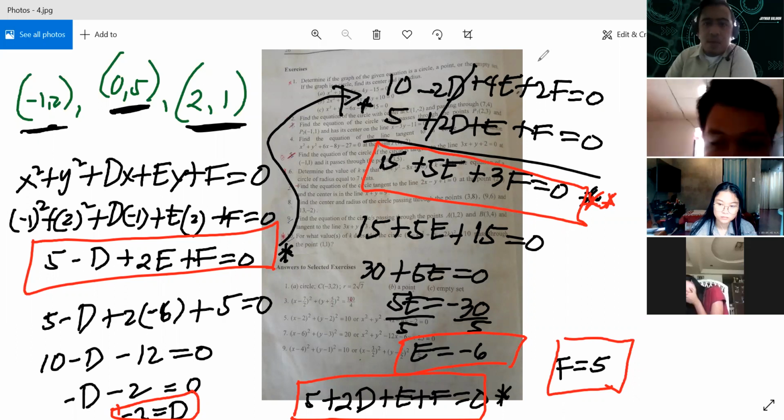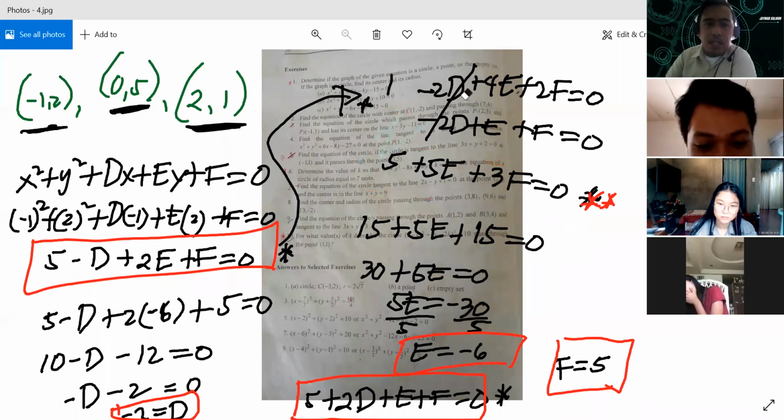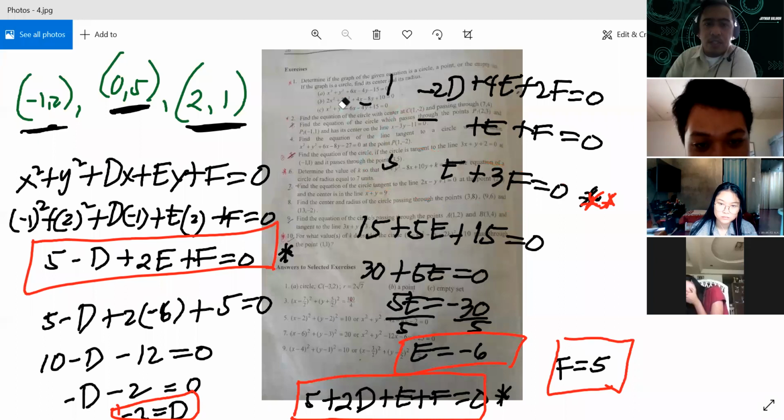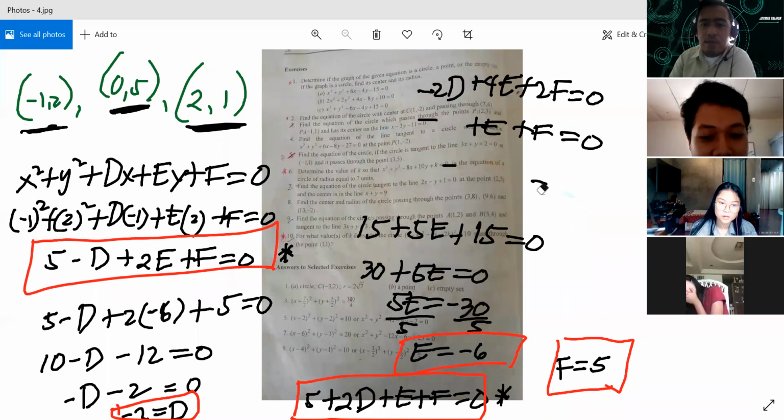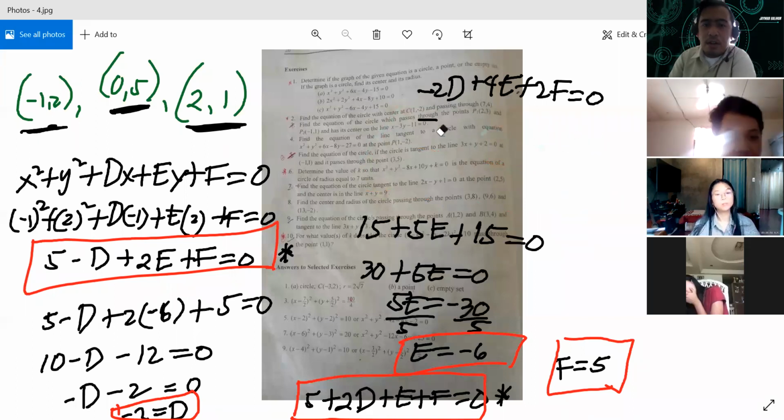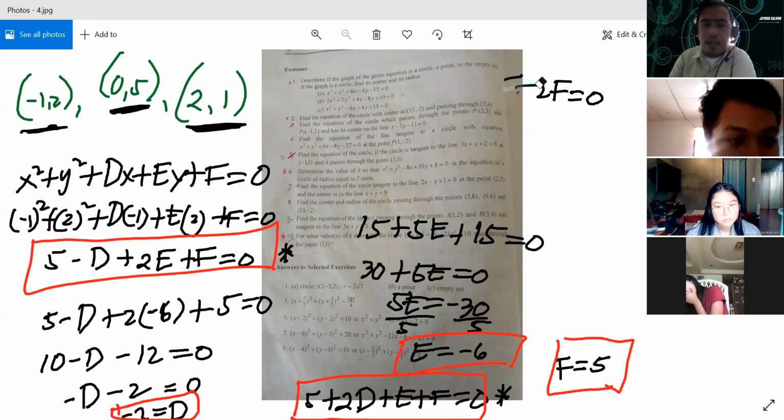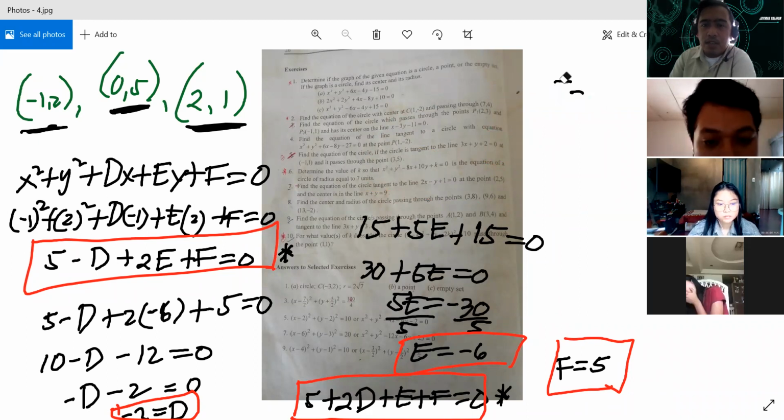So you can now give the general form of your equation of your circle. And how to do that? By just substituting those values to your general form. And your general form is already given kaganiha. And your general form is given by this, right?